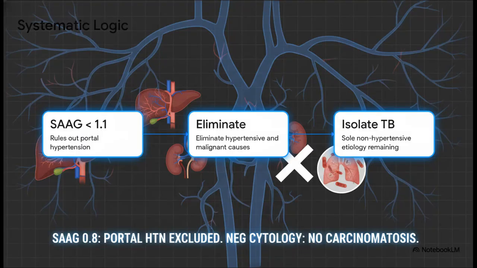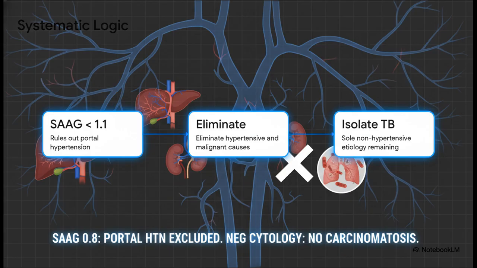Systematically dismantling this requires strict logic. Step 1. The SAAG is 0.8, which definitively rules out portal hypertension. Step 2. Because we've excluded portal hypertension, we must immediately eliminate cirrhosis, right-sided heart failure, and both Budd-Chiari and hepatic vein thrombosis. Furthermore, the negative cytology screen rules out peritoneal carcinomatosis. Step 3.